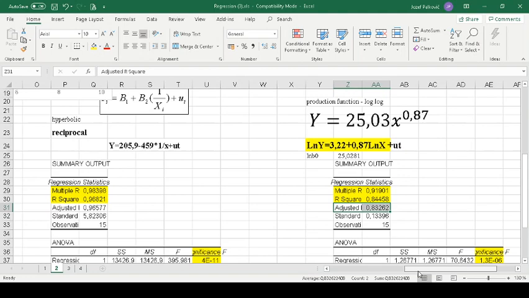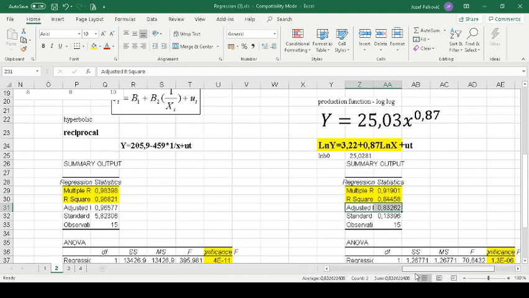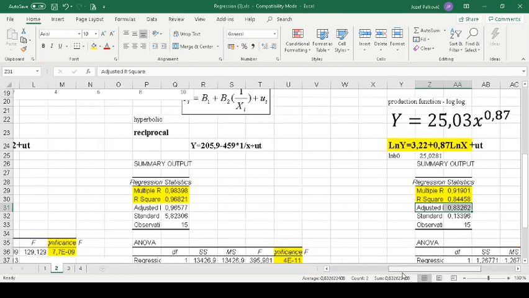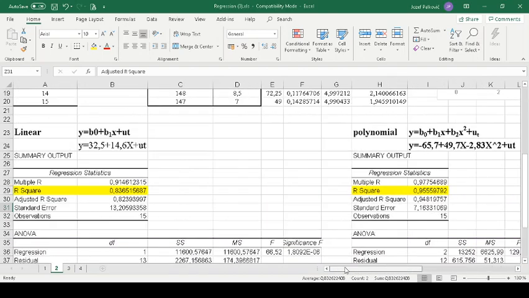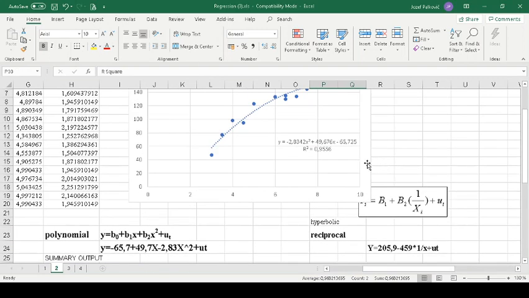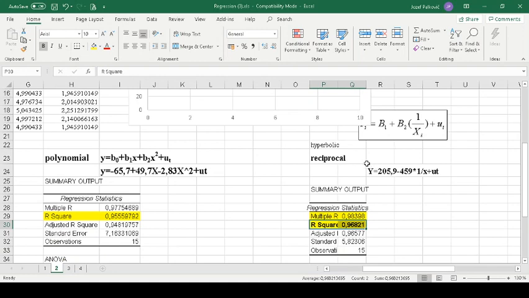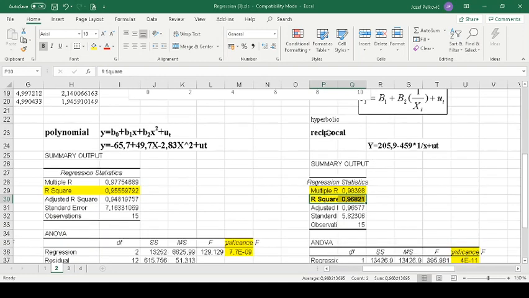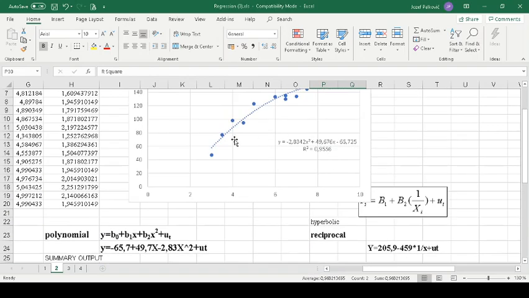So from the functions estimated in this video, the one with the highest R square was the hyperbolic function. So if you would like to prognose it, to calculate or to predict revenues, you should use the hyperbolic function to describe this relationship.